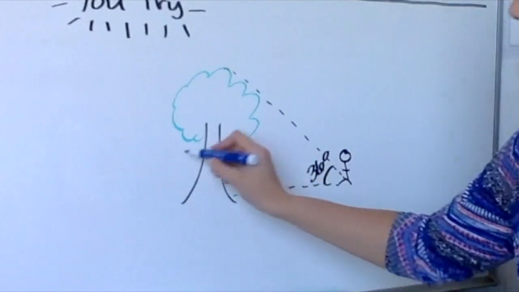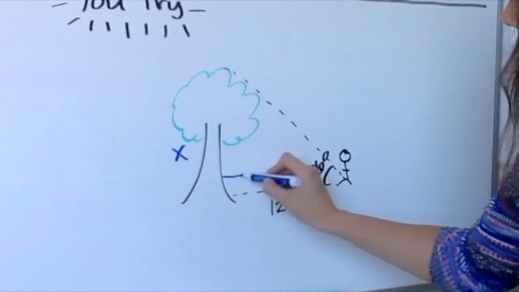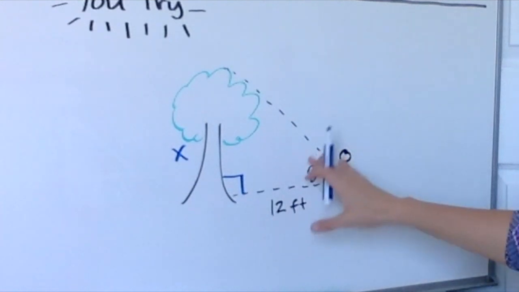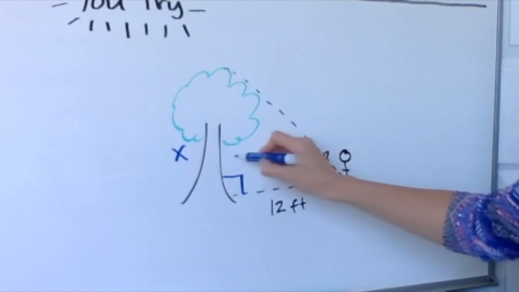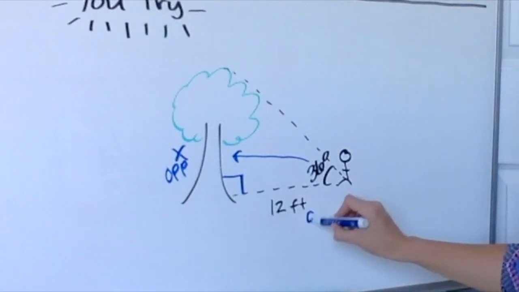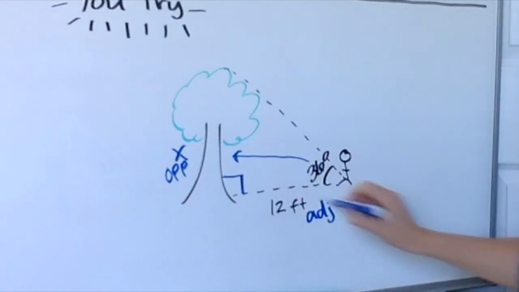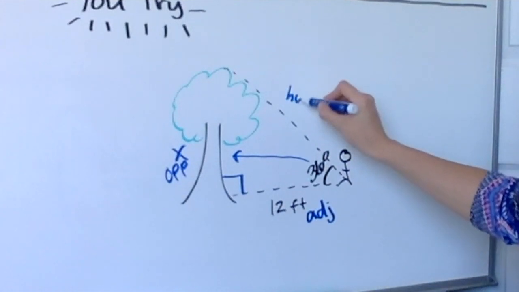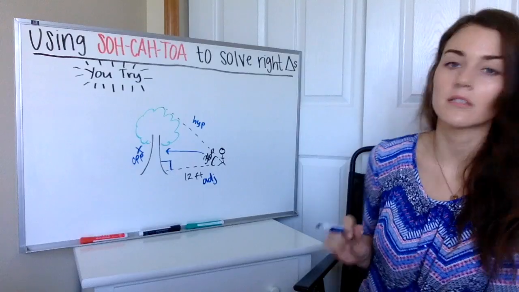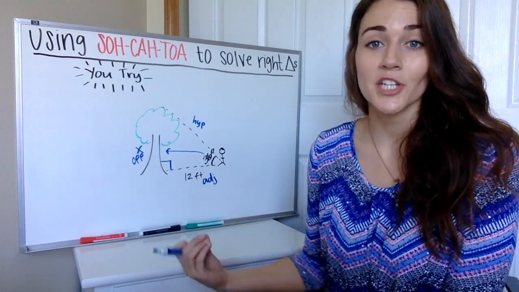All right, so our tree is our x, right? This is our 90-degree angle where our tree hits the ground. So if we're looking at this angle, we're trying to find our opposite while we're given our adjacent, right? Because our hypotenuse would be across from our right angle.